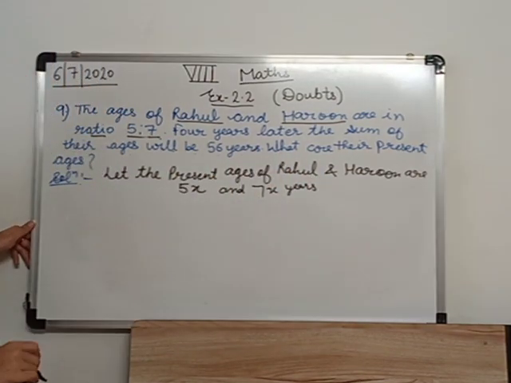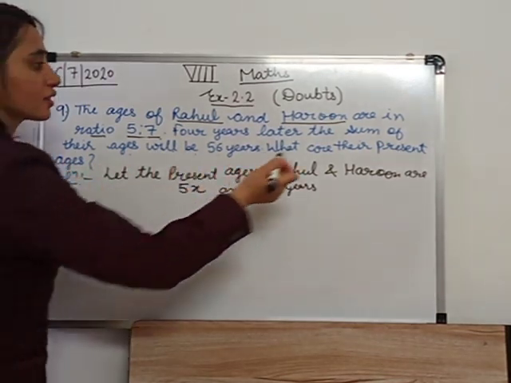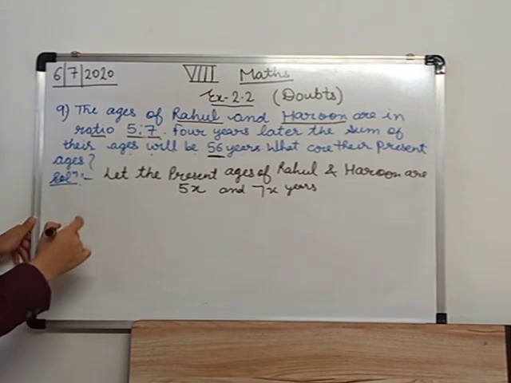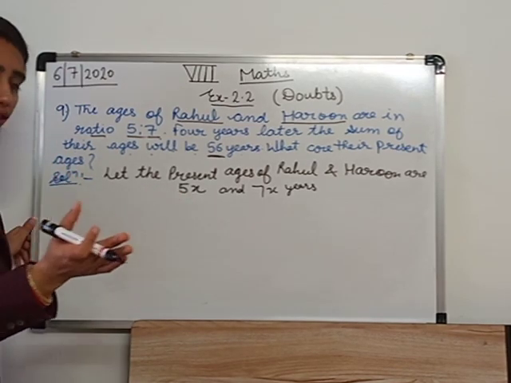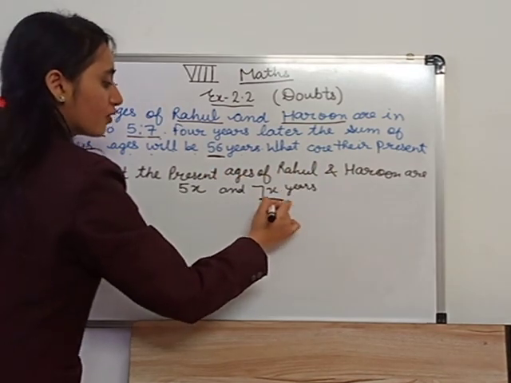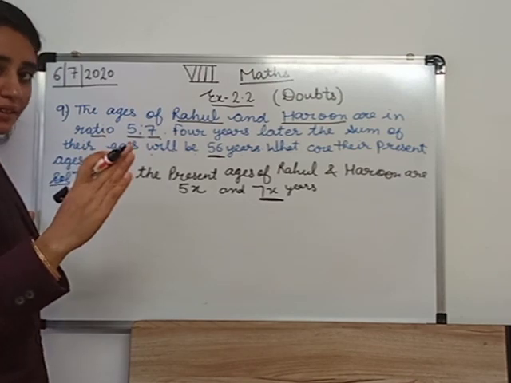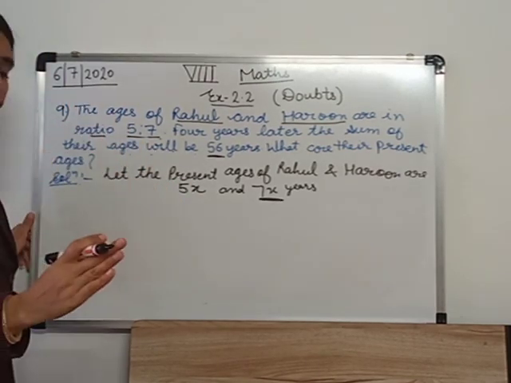Now 4 years later means after 4 years the sum of their ages will be 56. After 4 years, what does Rahul's age become? 5x plus 4. What does Harun's age become? Because the present age of Harun is 7x, after 4 years it becomes 7x plus 4.